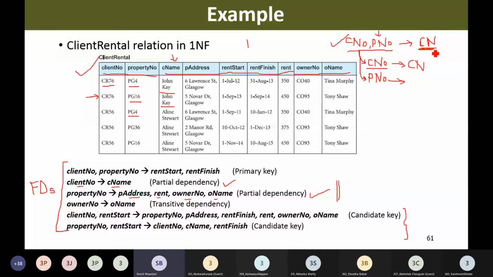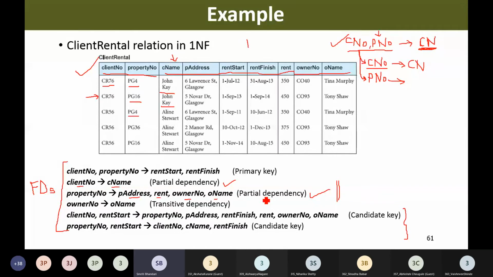But here, my primary key is client number, property number, right? And client name is a non-primary key attribute, but it is not fully dependent on my primary key, it is partially dependent. Similarly, property address, rent, owner number, owner name are non-primary key attributes and they are not fully dependent on my primary key, that is client number, property number. But these are partially dependent on my primary key.